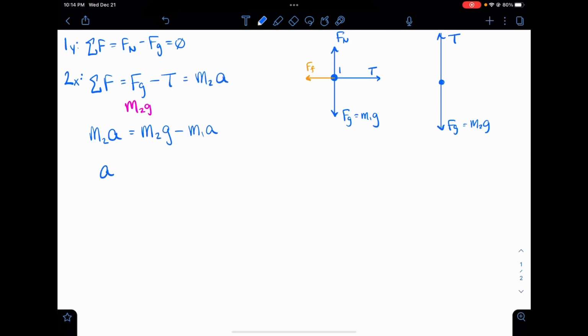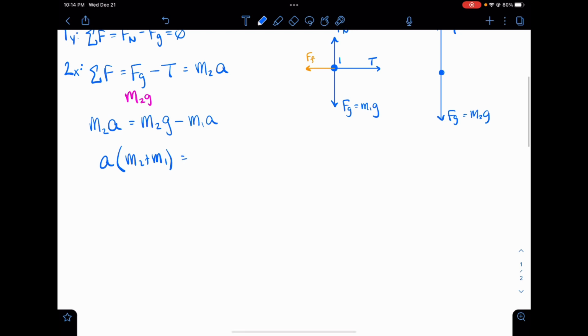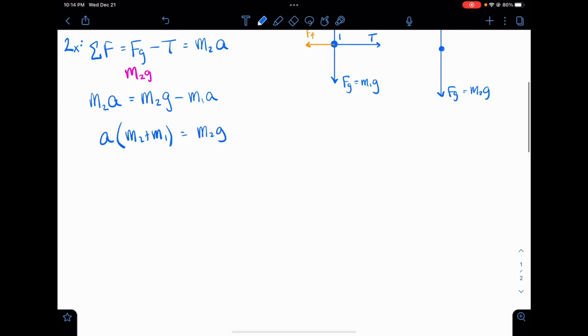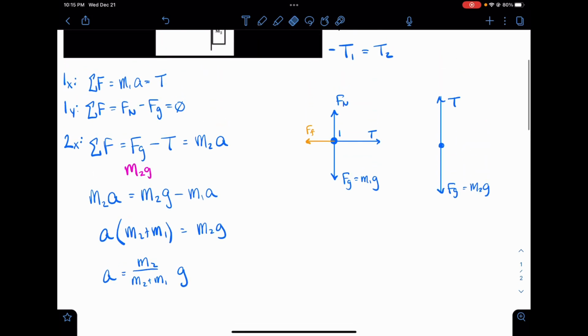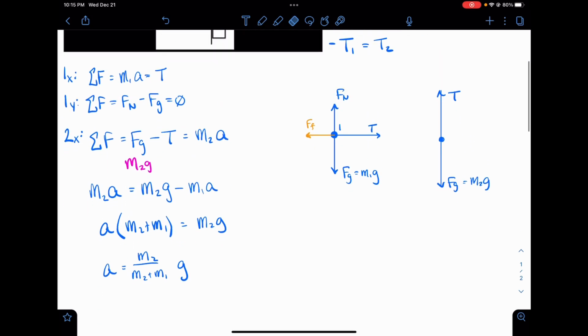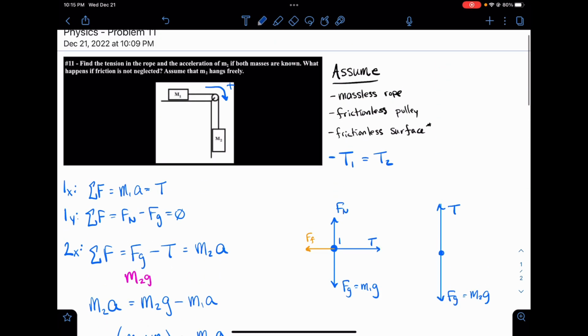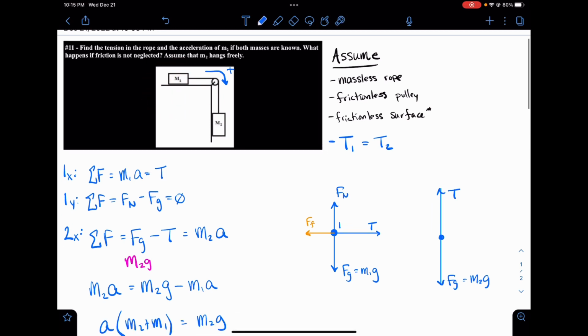If we solve for acceleration, we bring this to the left side, and we're going to have M2 plus M1, that usual total mass value, times A equals M2 times G. And we're going to get acceleration equals M2 over M2 plus M1 times G. Again, this makes sense because that is going to be some fraction of the acceleration due to gravity. And just like our previous problem, it makes sense that this isn't free falling with the acceleration due to gravity because something right here is holding it back.